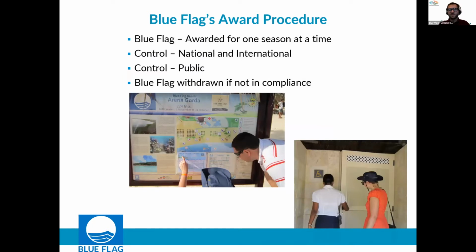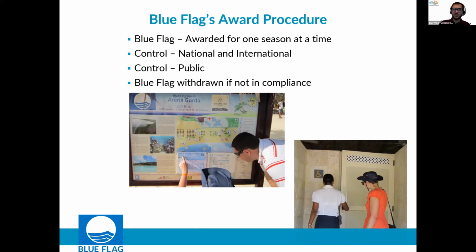On top of this application process, we go on site every single year on every single site, making sure that as part of the education, looking at how to fill in the application, what we need to do on site to comply with our criteria, there is, let's say, not only the carrot of flying the blue flag, but also the stick that if the site doesn't comply with the criteria at any time during the season, the flag may be withdrawn for the rest of the season.